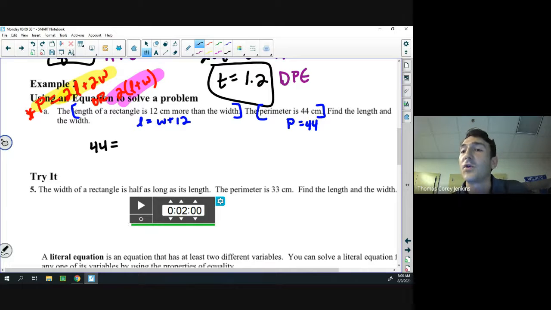And then instead of 2L, I'd have 2 times the quantity W plus 12. And then 2W is just 2W. All right, so then we just want to try to solve for W. So obviously we need to simplify that right side by distributing first.